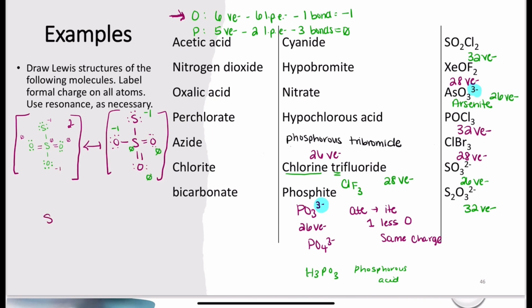I could have said, let's see, single bonded here, double bond here, double bond here. Giving me negative 1 here, 0, 0, 0, negative 1. These are all equivalent.